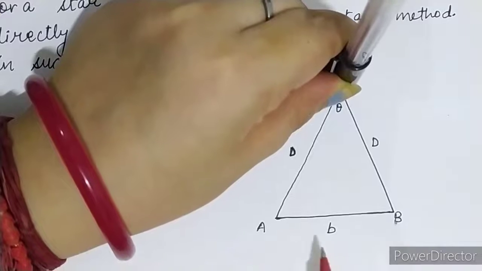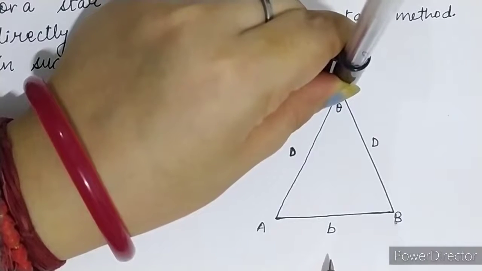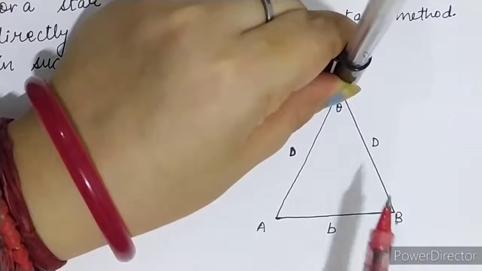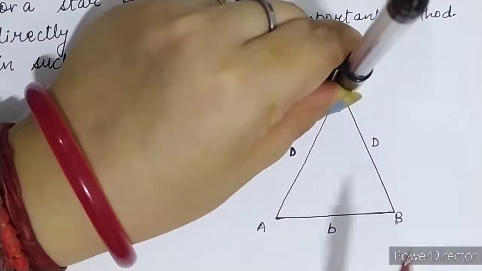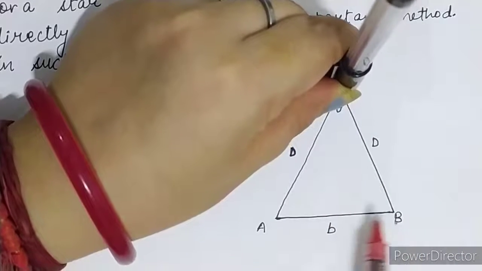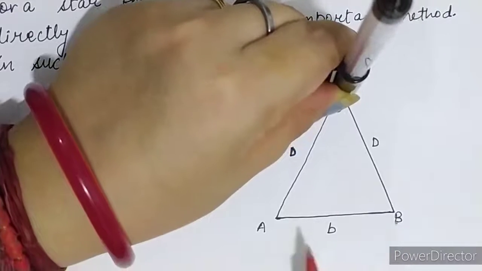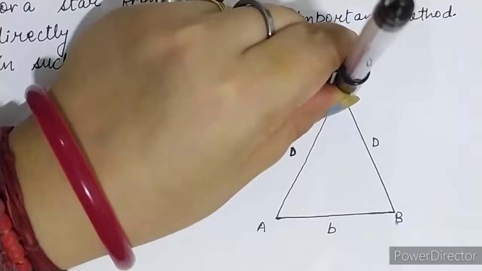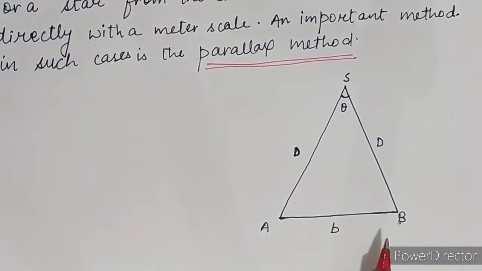In this example, the distance between your eyes is the basis. There is a small distance between your left eye and right eye, so that distance is your basis. Clear beta? I hope you understand what I have drawn here.